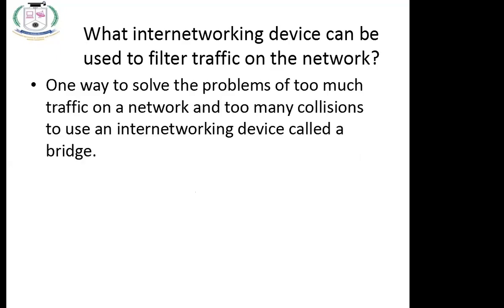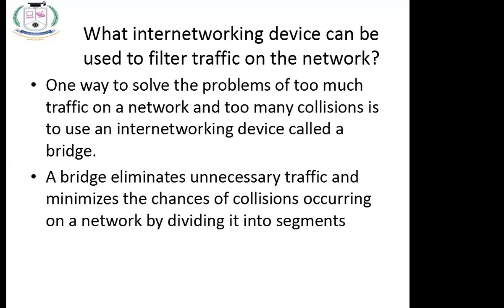To eliminate this disadvantage of the repeater, we go for the next type of internetworking device, called the bridge. Bridges are meant for solving the problem with the traffic on a network, so that collision in the internetworking is avoided. Next, it is going to eliminate the unnecessary traffic.